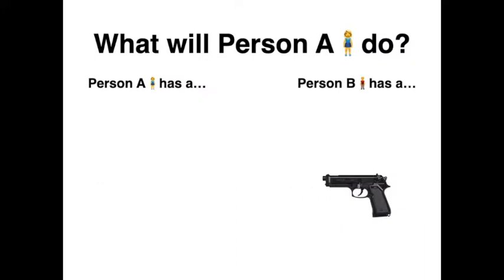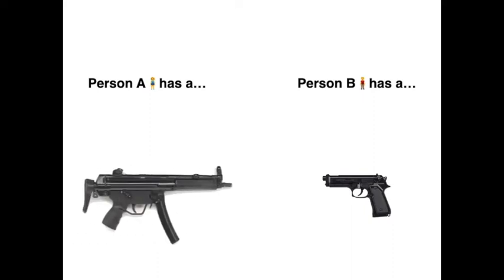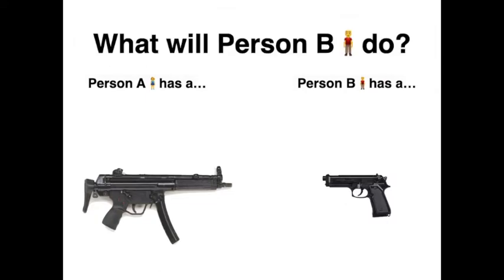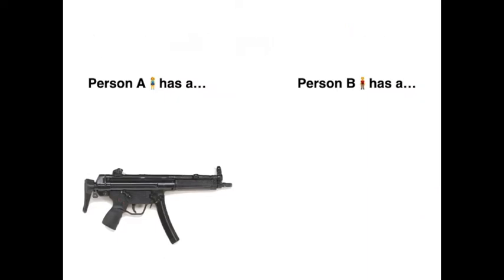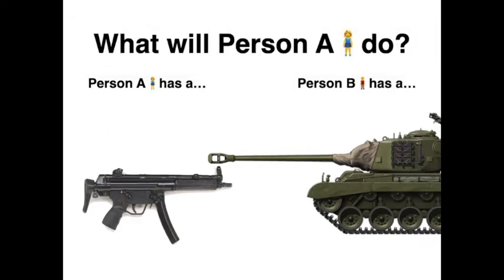So, person A leaves, and they come back with a machine gun. So, what will person B do? Person B is now going to leave with their gun. They are going to come back and bring with them a tank. Then person A has to decide, well, what do I do now?